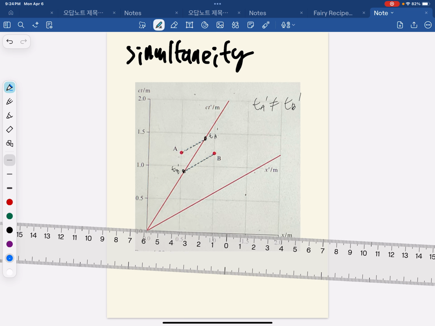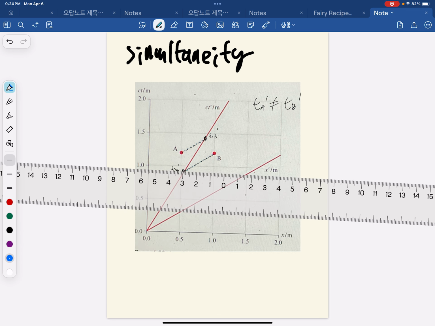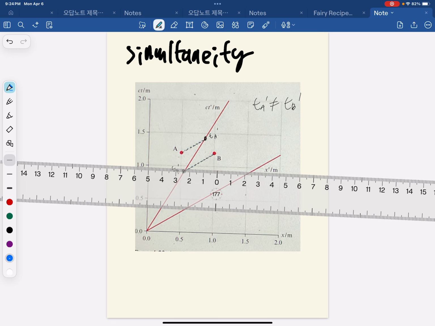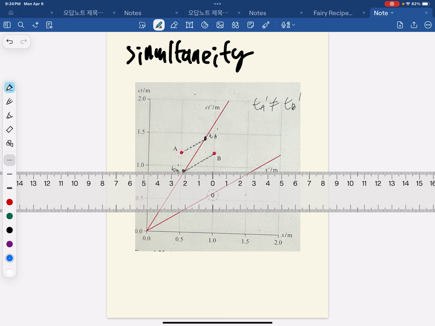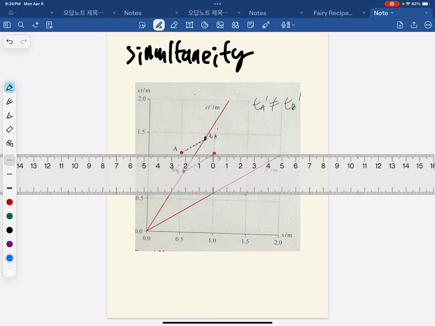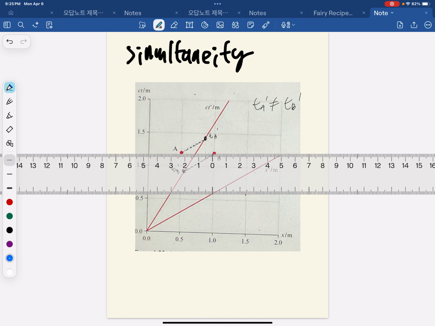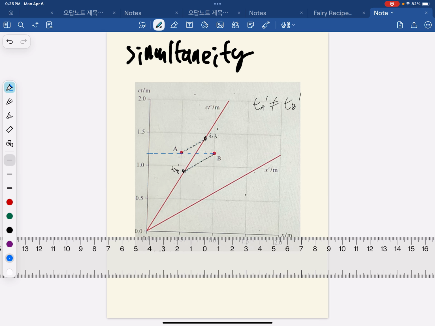And you're going to extend a line from event B, draw a nice horizontal line from dot B to the CT axis. Again, we're looking at the stationary frame's perspective here.